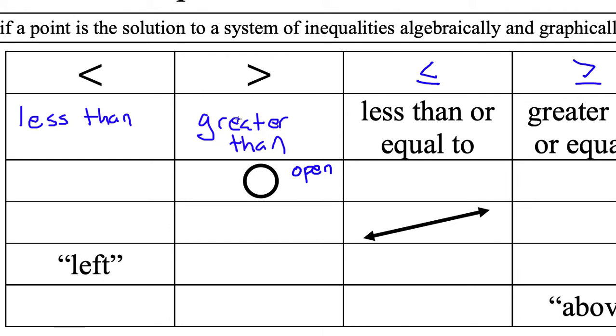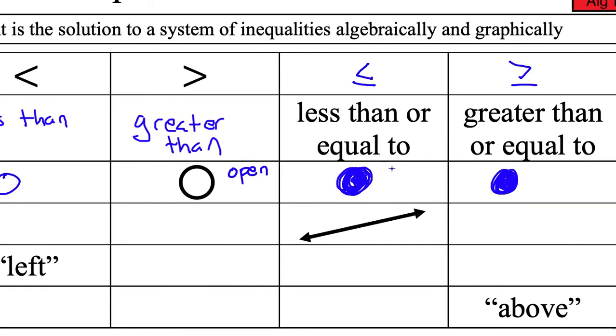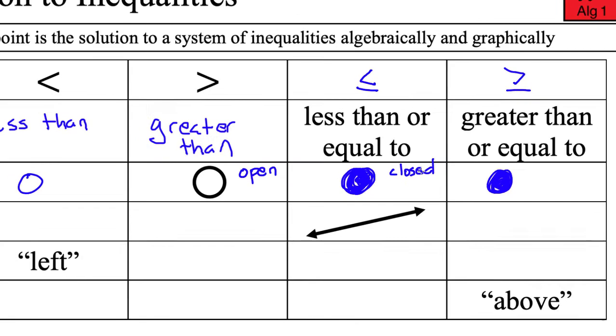I think the or equal to ones are all closed circles, and then the less than is, sorry, the less than is an open circle. Open, yeah. So we have open, open, and then we call these closed. Like a door, open or closed. You can think of it as a little hobbit door, because hobbit doors, I think, are circles, right? Yes, they are. All right.